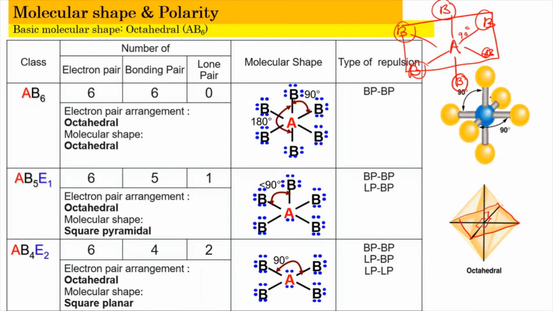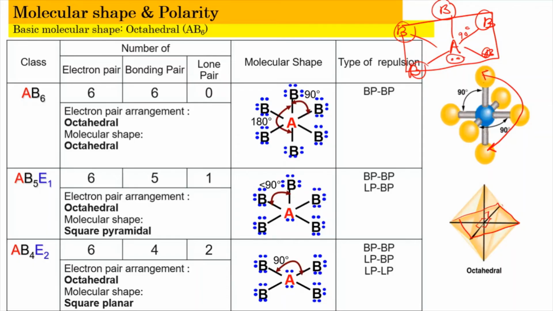Okay, and at first, if all of them are bonding pairs, the angle is going to be 90 degrees as well as 180 from the top to the bottom here. Okay, from up to bottom is going to be 180, but from side to side is going to be 90. And similarly, you can change one of the bonding pairs to become a lone pair.